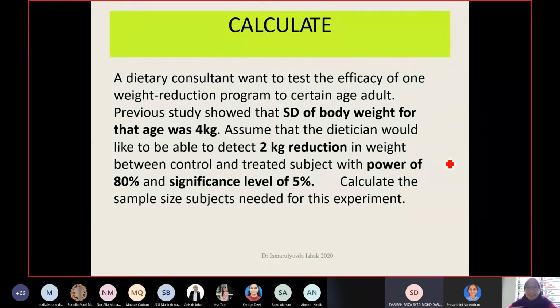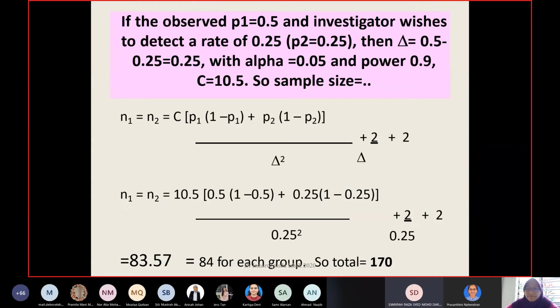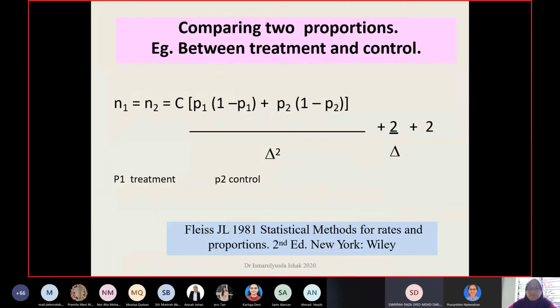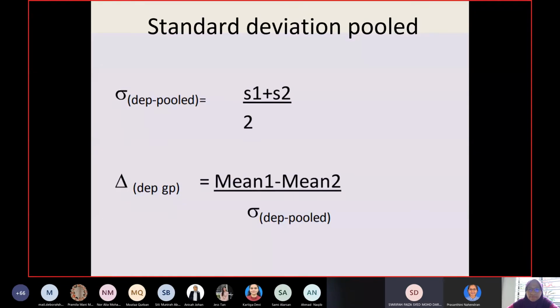Doctor, I have one question. In your example just now, one question used the wording accuracy of 25, precision of 25%.